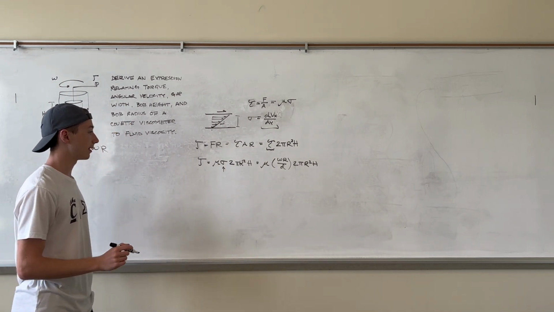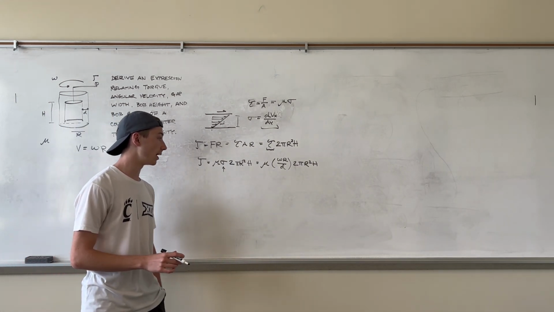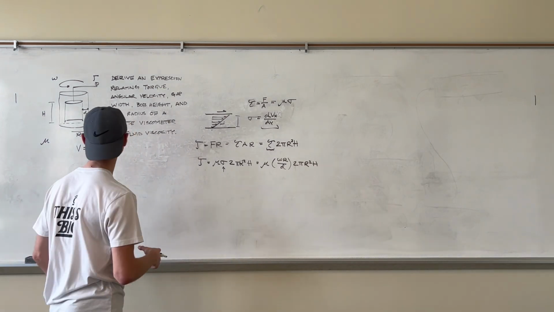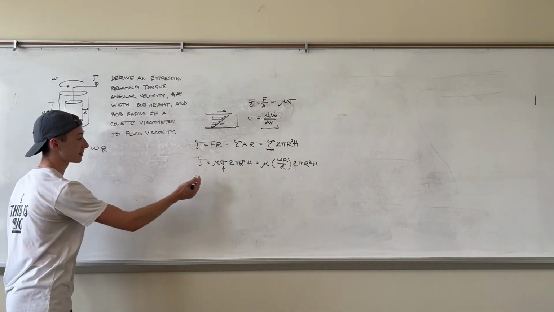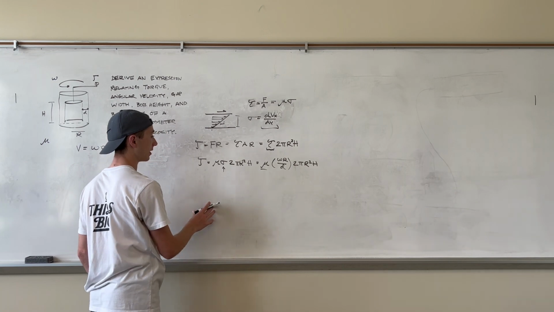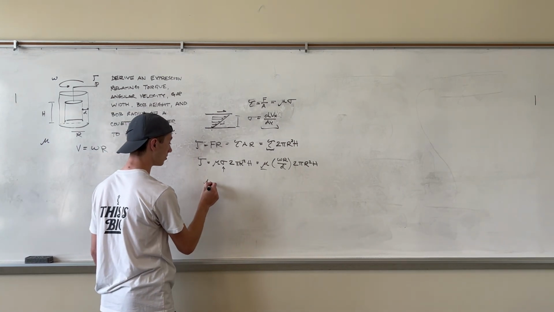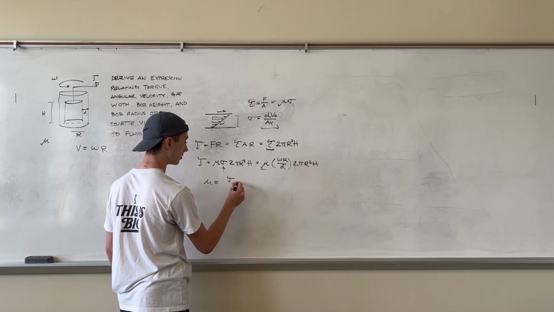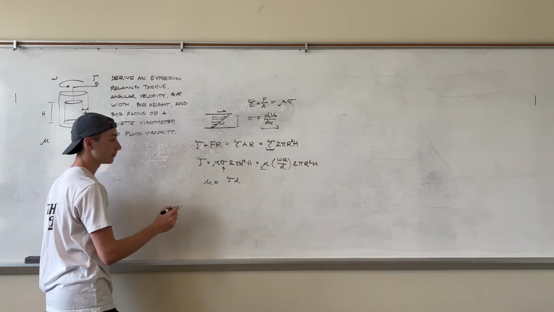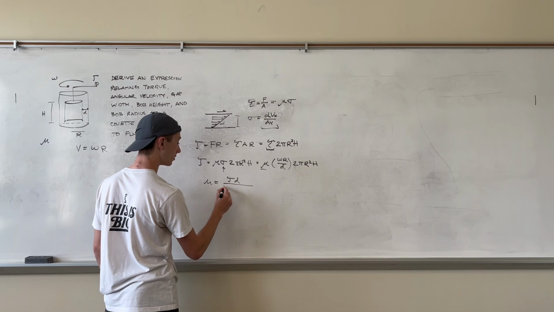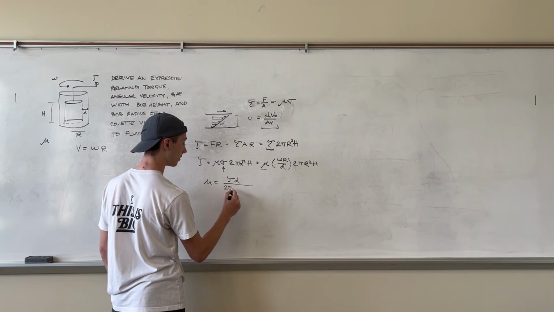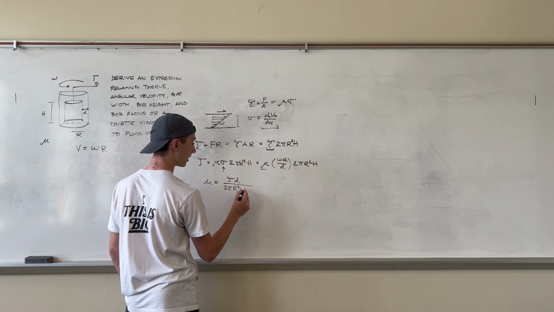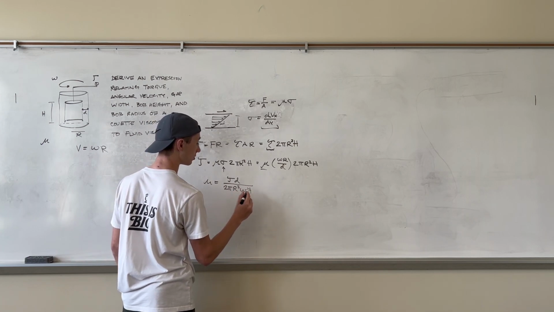And lastly, since we're trying to relate these things to the fluid viscosity mu, we separate everything from mu. So mu is equal to tau d over 2 pi, r cubed, omega, and h.